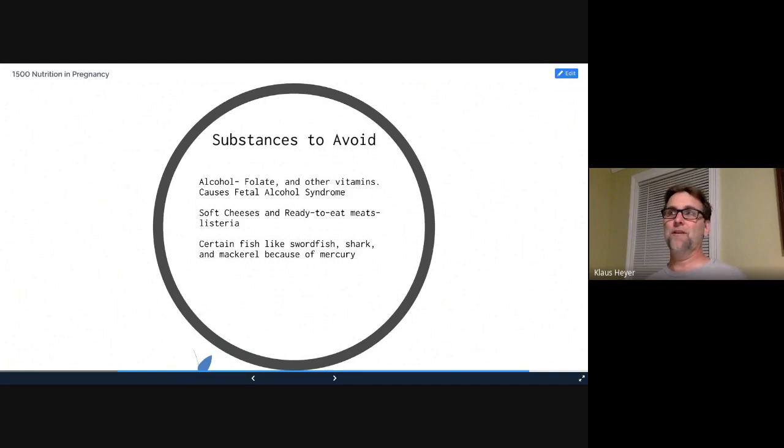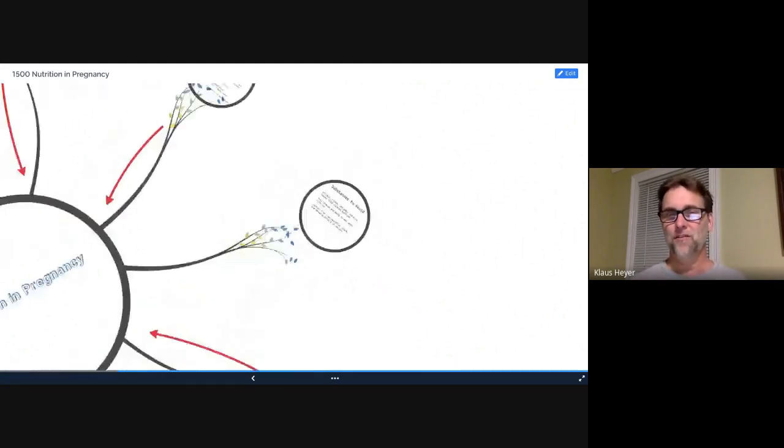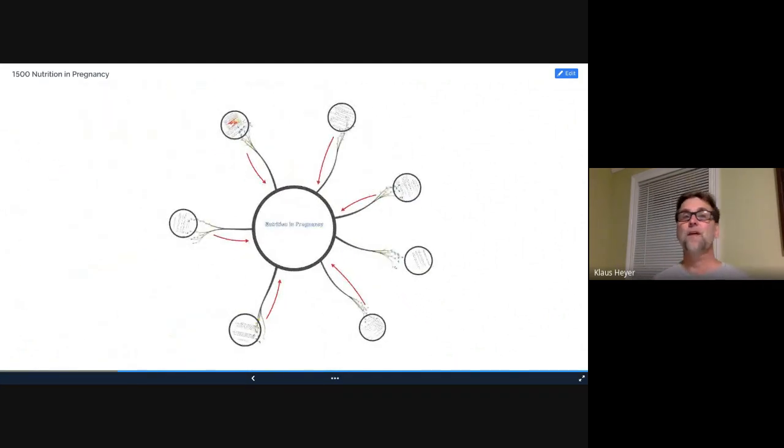Maybe if you're pregnant you want to have mackerel, but you don't want to have too much fish. You don't want to introduce more mercury into your diet at this time. So there you go. That's nutrition in pregnancy. And in the next chapter, we're going to get into a little bit more about breast milk in the first years of the child's life.